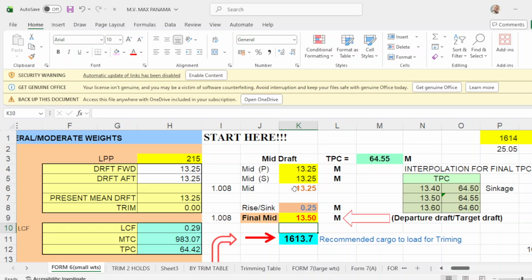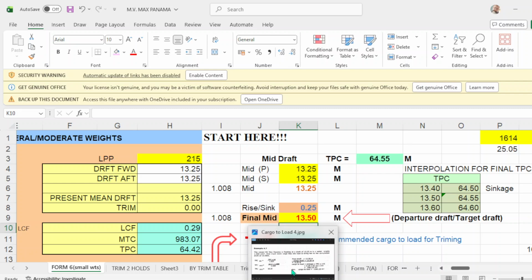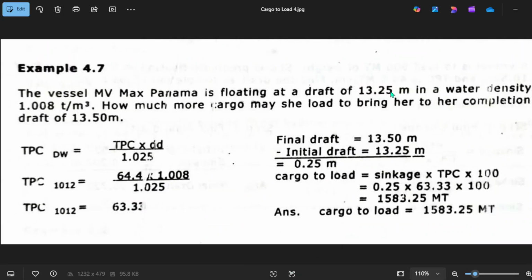In this case, it doesn't say whether it is trimmed by the head or by the stern, but I believe this is the mid drop of 13.25, floating in 1.008.